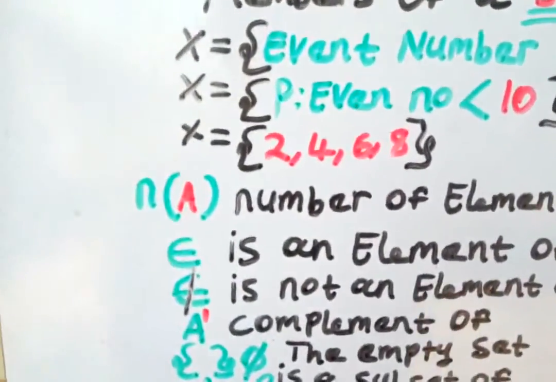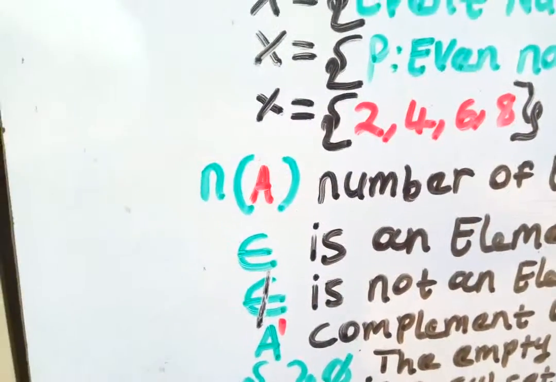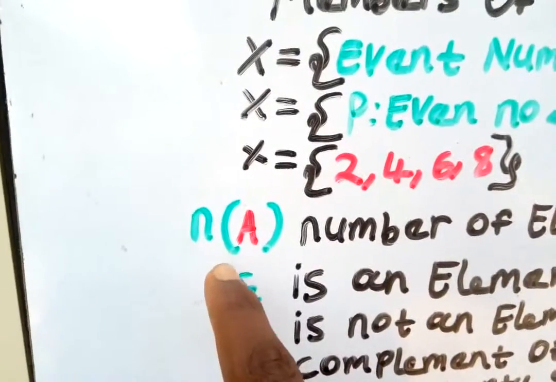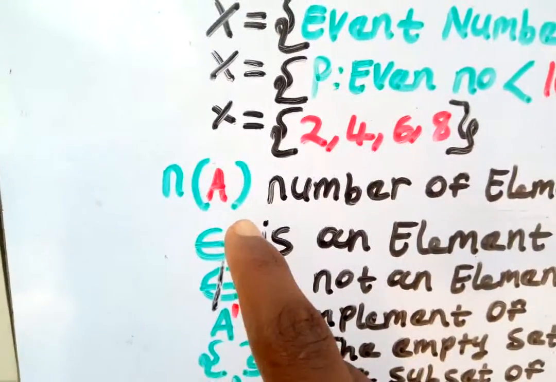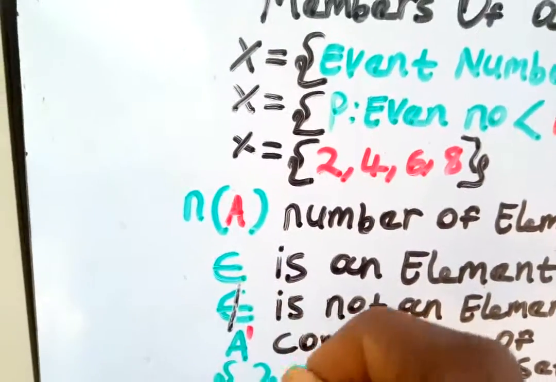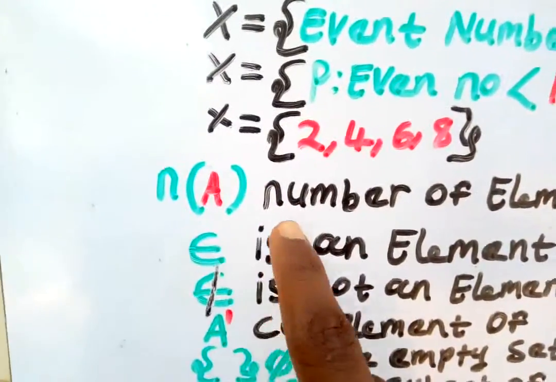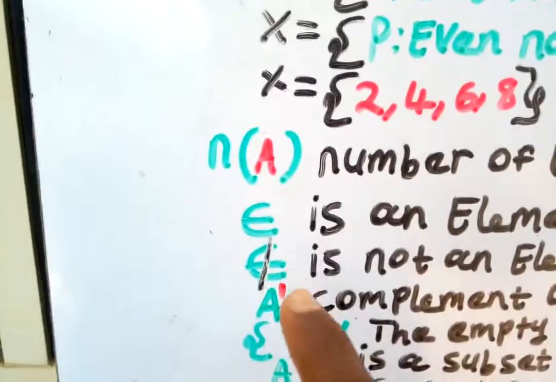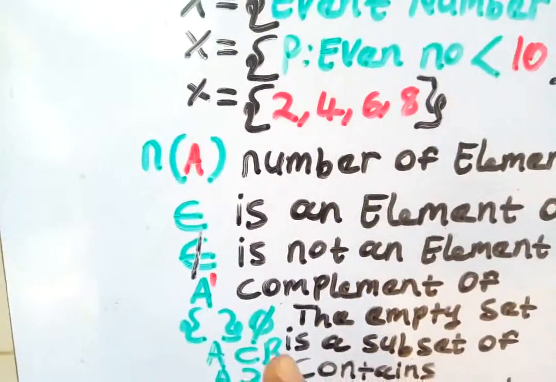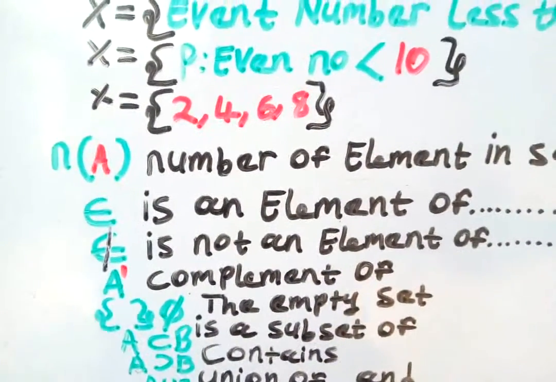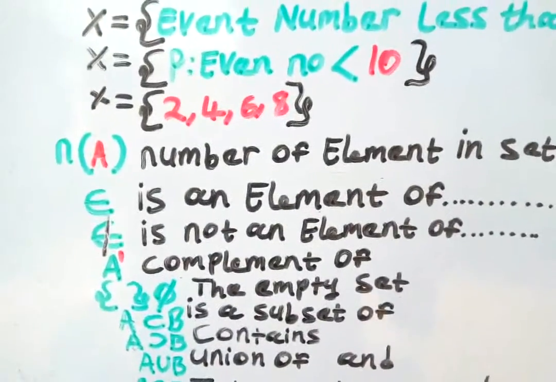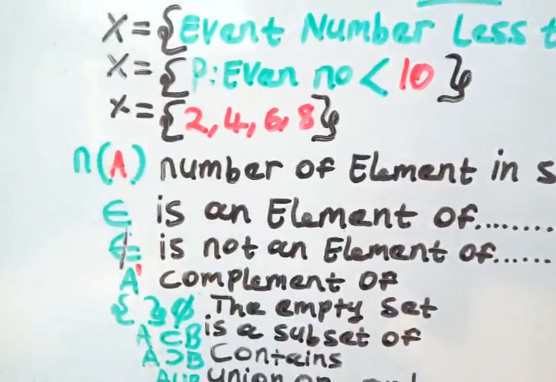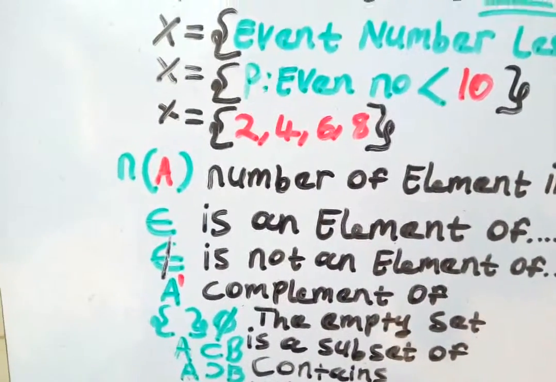Now coming to these symbols, the first one is telling you the number of elements in set A. So that's what that means, number of elements in set A. This one means element. The second one is trying to tell you A is an element of B, or B is an element of A, it doesn't matter.